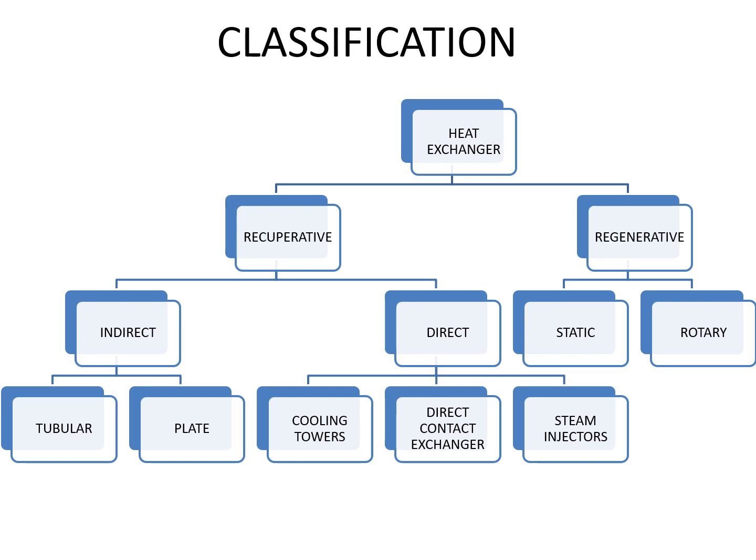Direct type means cooling towers, direct contact exchangers, or steam injectors. In a cooling tower, the hot vapors generally get evaporated to the atmosphere by giving a big space, big area, so it is called a direct type of heat exchanger.